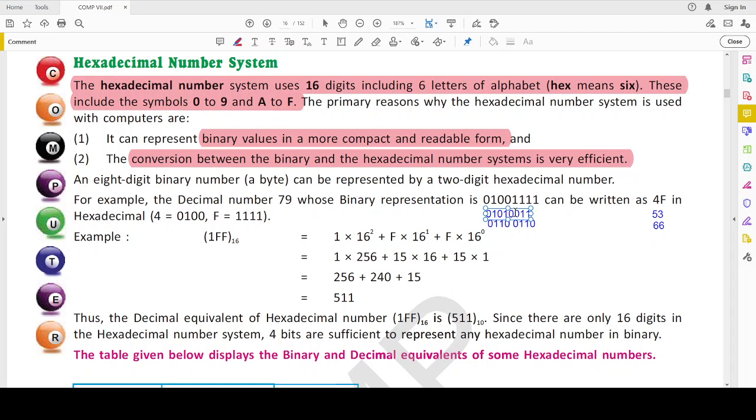How is it 4F? You have to make groups of 4. See, a group of 4, here it is 1111, and a group of 4, this one is 0100, right? So 0100 means 4, and 1111 is F.